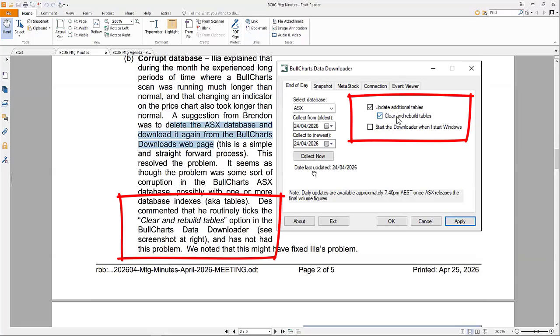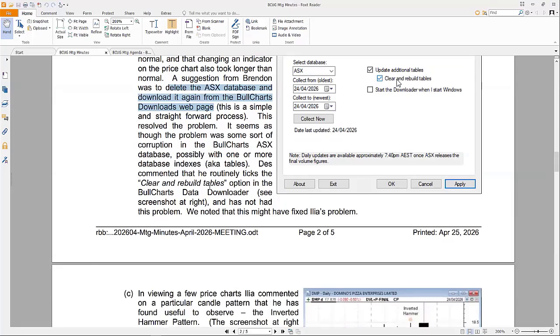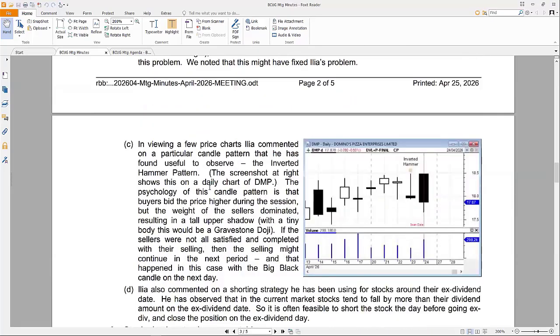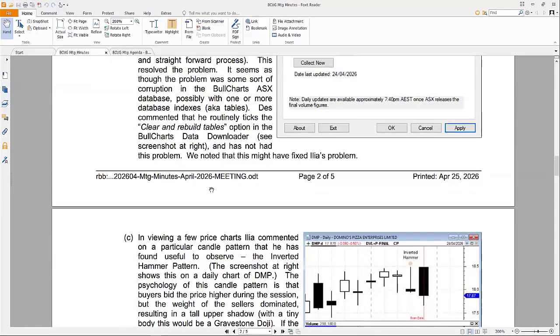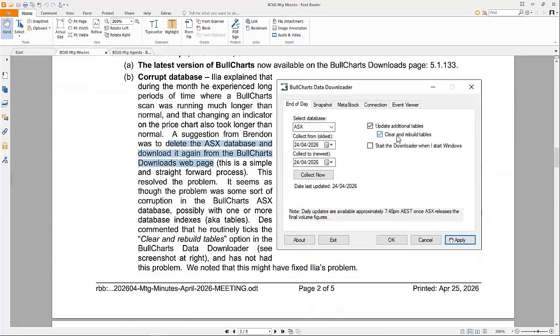Our guess was that in Ilya's case, maybe it was a corrupt table or index for a table, and that ticking that box ongoing might have avoided that problem for him. Anyway, it's now fixed. Yeah, Robert, I support that comment, because I remember Brendan recommended to me that I leave that ticked all the time, and I've never had any issues with that. All right, Alec, thank you for the feedback.